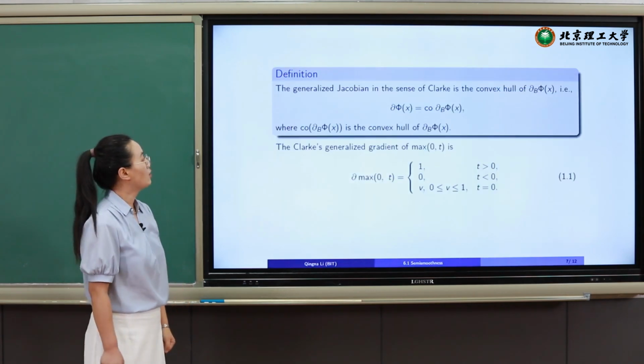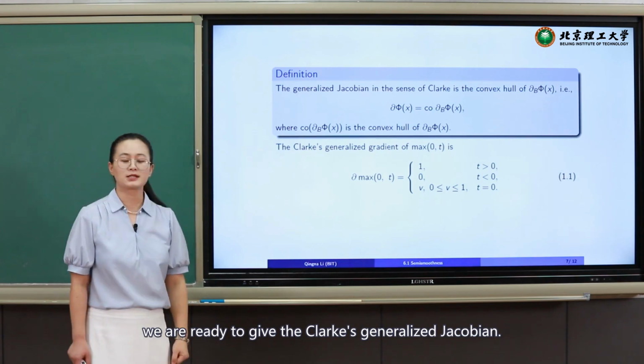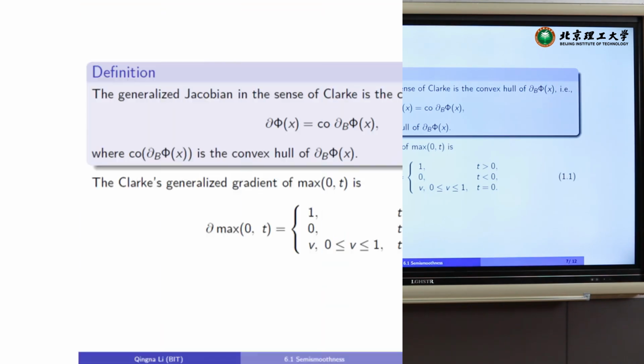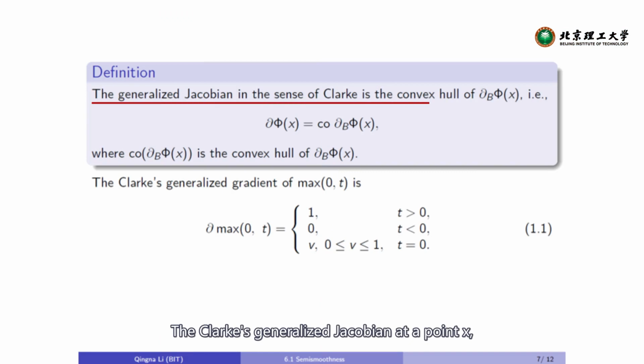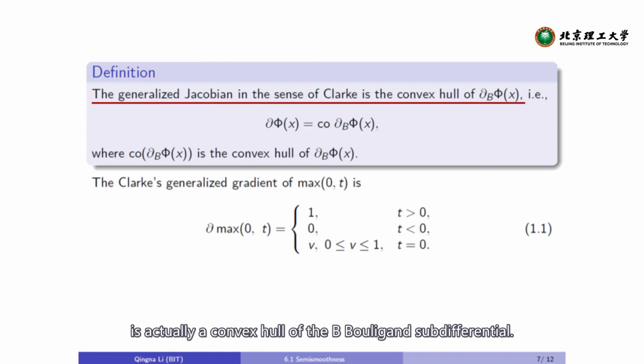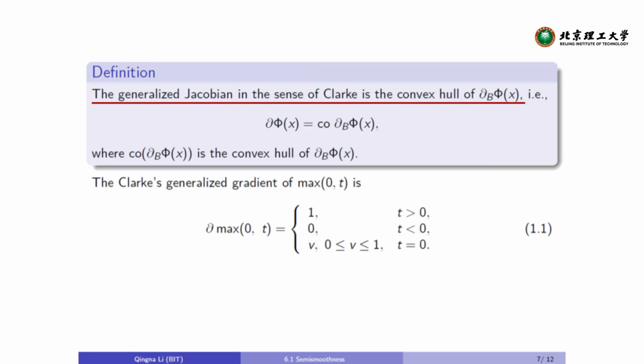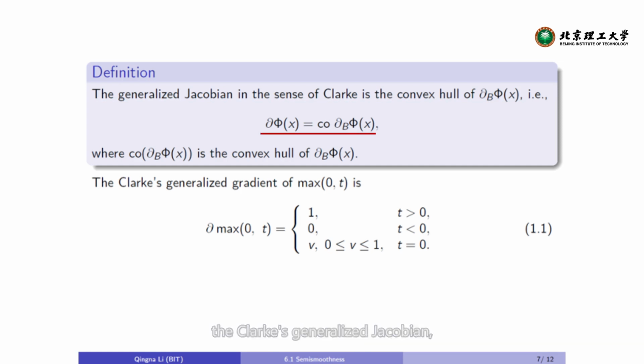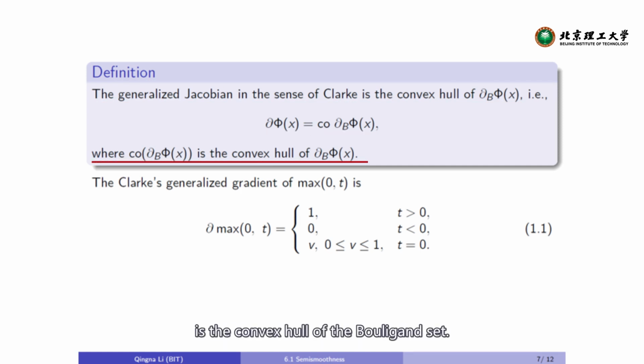Now after that, we are ready to give Clarke's generalized Jacobian. Clarke's generalized Jacobian at a point x is the convex hull of the Bouligand subdifferential. In other words, Clarke's generalized Jacobian, denoted as partial phi at point x, is the convex hull of the Bouligand set.